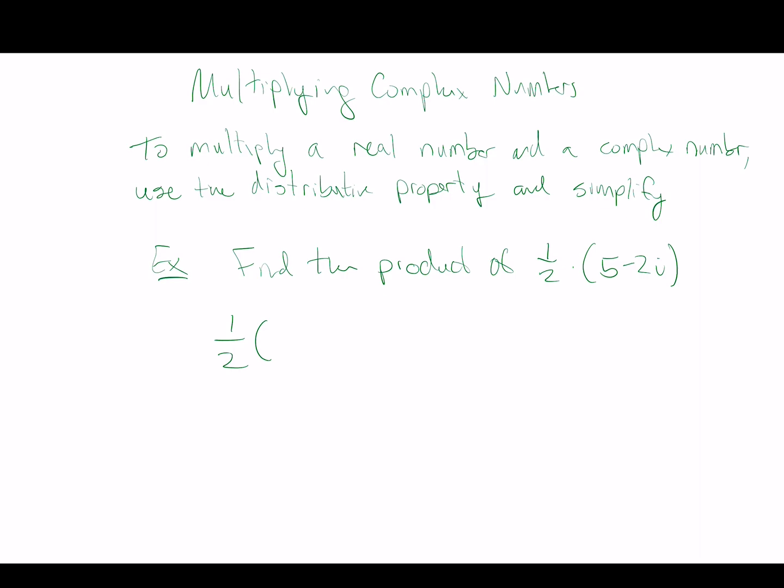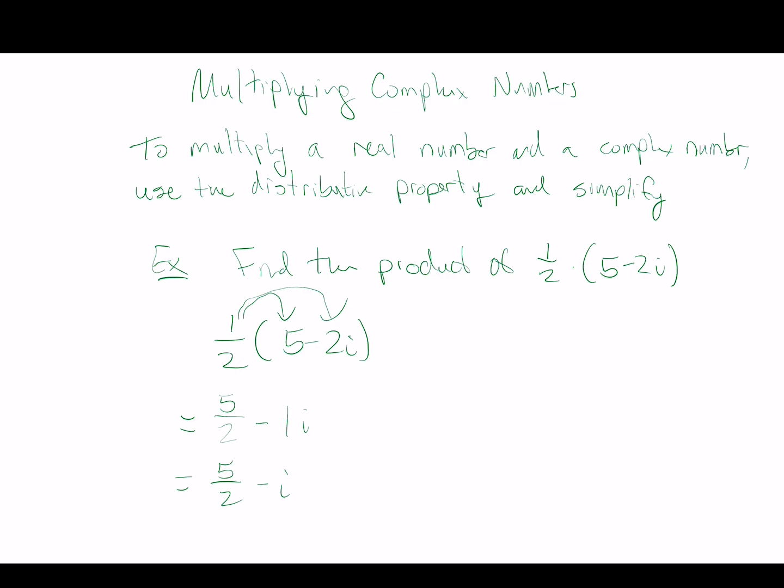Well, all we need to do is use the distributive property. We can multiply the 1/2 times the 5. That gives us 5/2. And the 1/2 times the negative 2 gives us a negative 1i. So finally, we're left with 5/2 minus i.